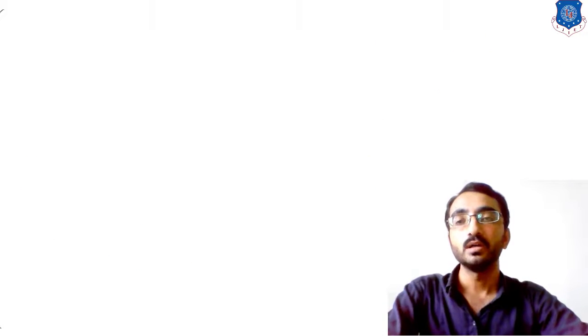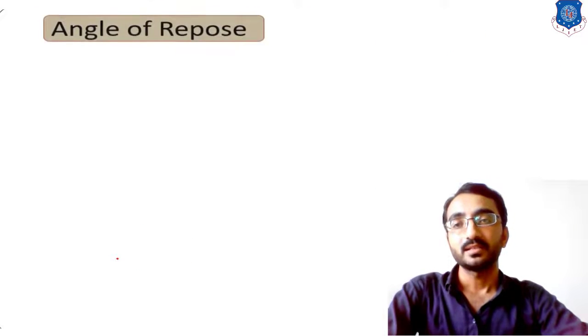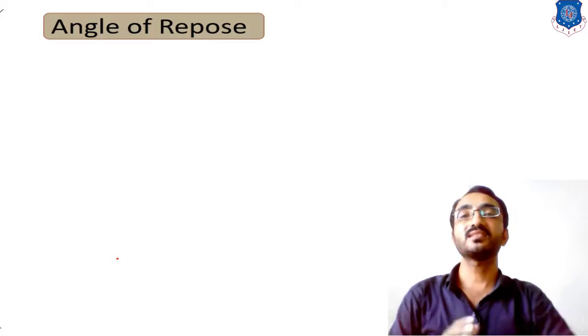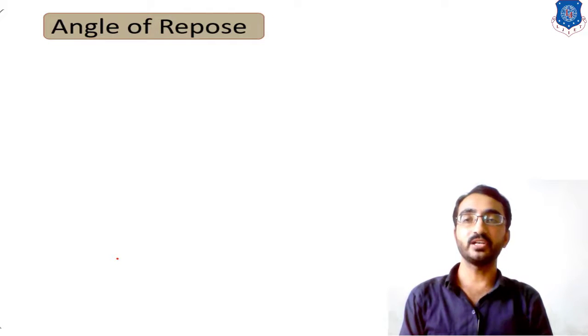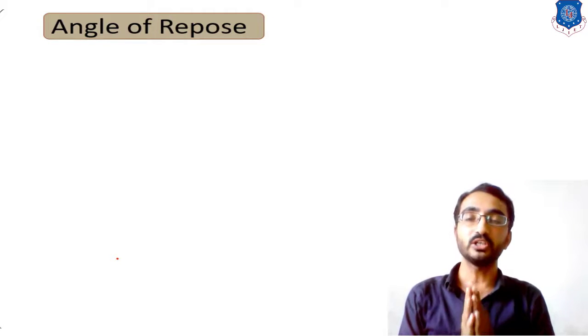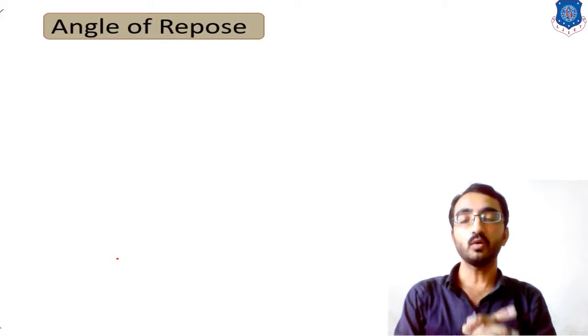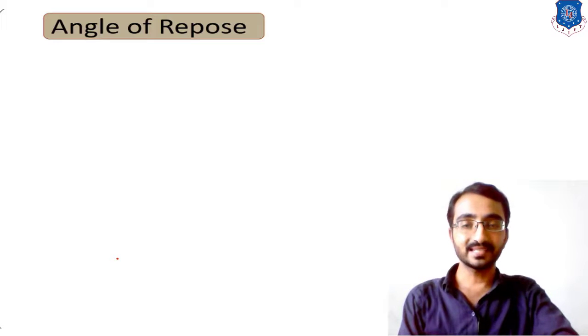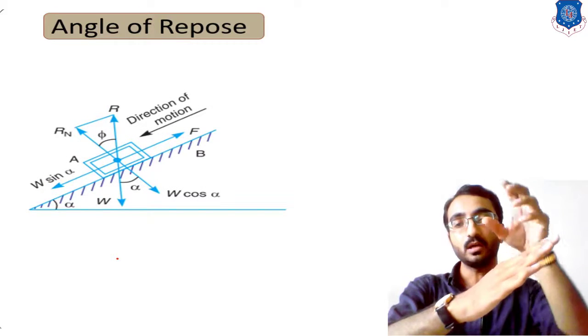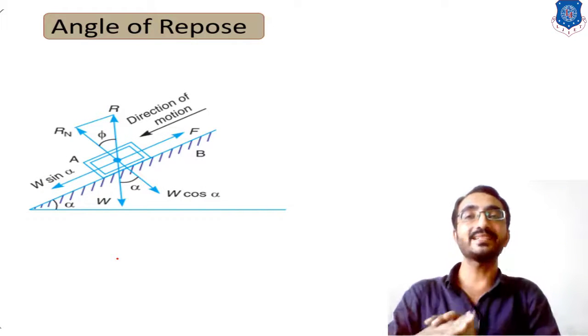Now the third fundamental is the angle of repose. This is the most important definition for the GTU examination. So what is this angle of repose? Let's consider a body resting on an inclined surface like this.